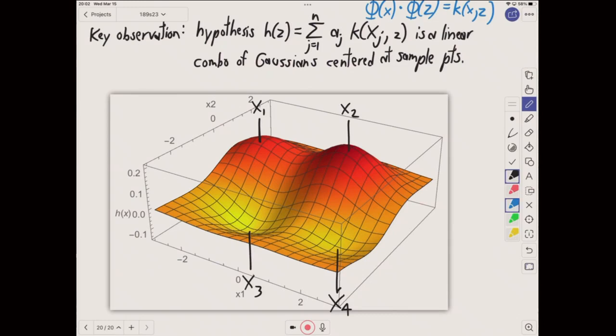So, for instance, this bump, its coefficient is 1. This bump, you can see, is a little bit higher. Its coefficient is 1.4. This trough at x3, its coefficient is 1. And this trough x4, you can see it's not as deep as the other trough. Its coefficient is 0.7.